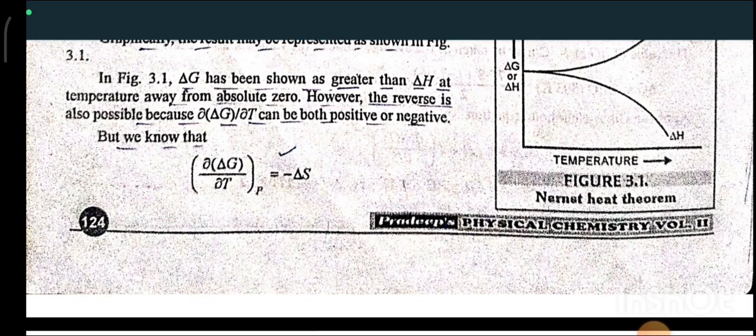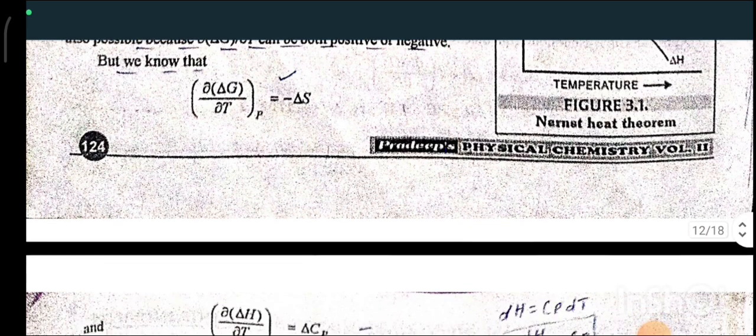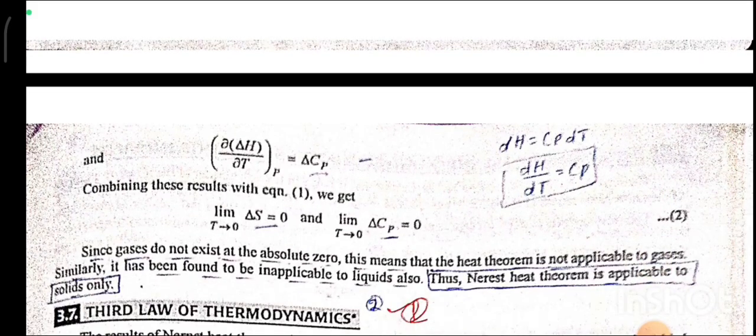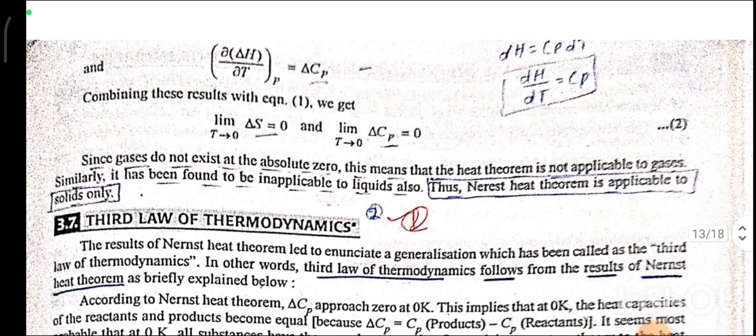However, the reverse is also possible because ∂ΔG/∂T can be both positive or negative. But we know that ∂ΔG/∂T at constant P is equal to -ΔS, and ∂ΔH/∂T at constant P is equal to ΔCp. By combining these results, we get the equations: limit as T tends to 0 of ΔS = 0 and limit as T tends to 0 of ΔCp = 0.